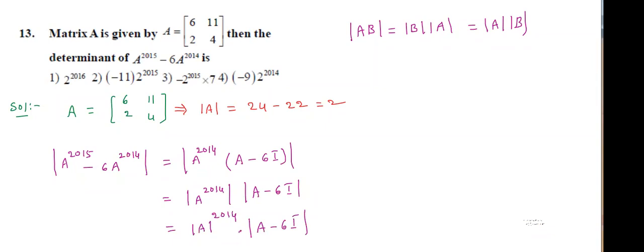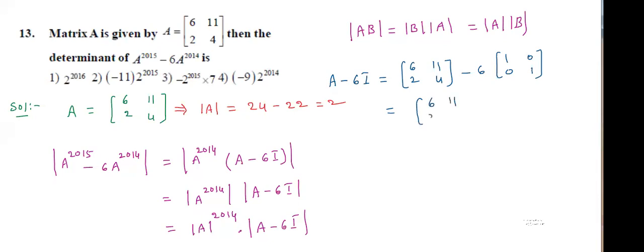Students, first of all, find the A minus 6I value. A means 6, 11, 2, 4, minus 6 into I means 1, 0, 0, 1. Now 6, 11, 2, 4 minus 6, 0, 0, 6.